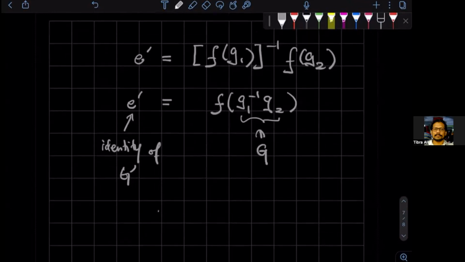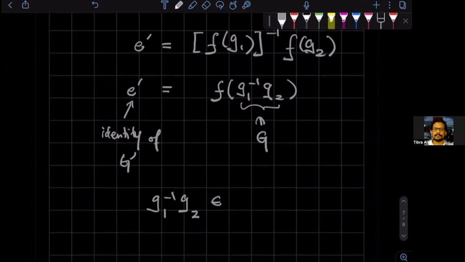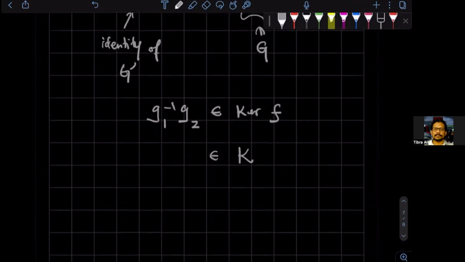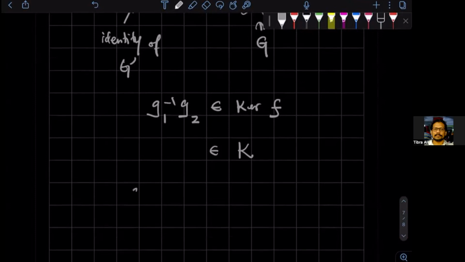So that means that G1 inverse G2 must be in the kernel of f, which we have written as K. Okay, so that means that G1 inverse G2 must be, sorry, my brain is not working today.